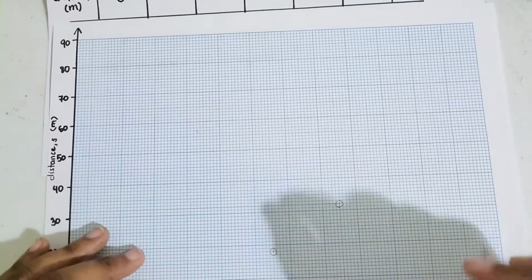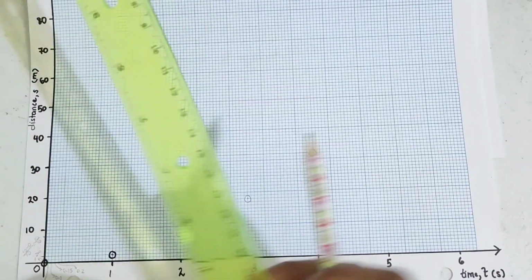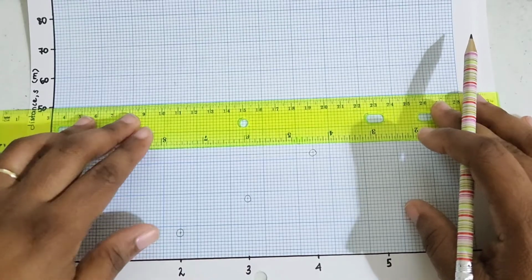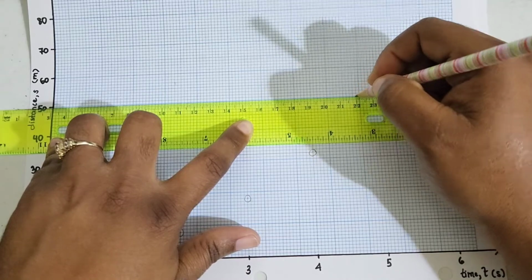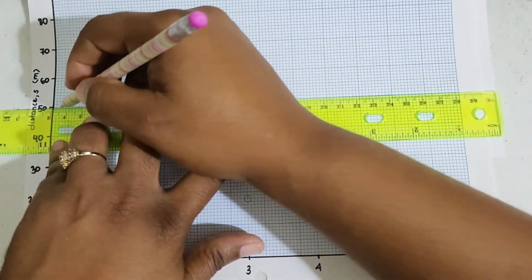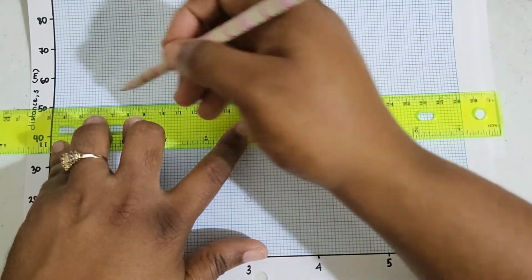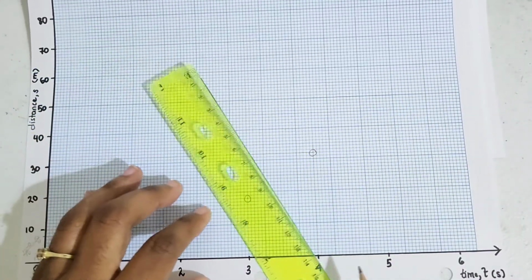And then we see time is 5 seconds, the distance is 50. So we see here, somewhere here. If you want, you could draw your line going right across. Make sure the line is on top of the line that is there. So learn how to put your ruler next to the line.